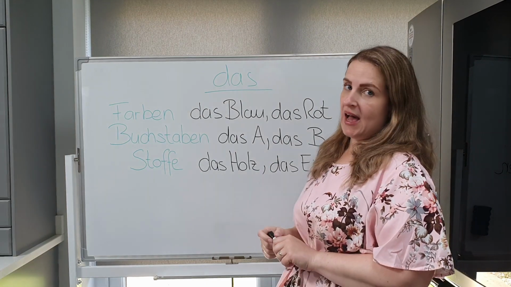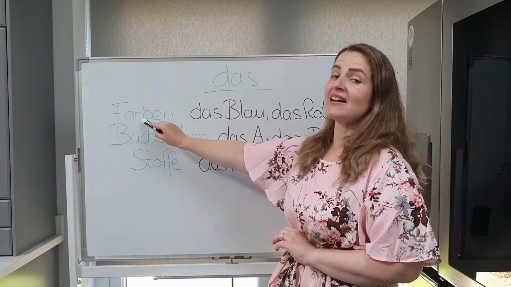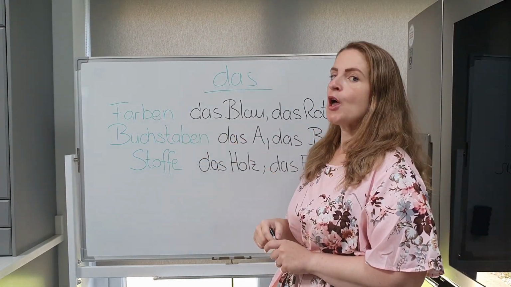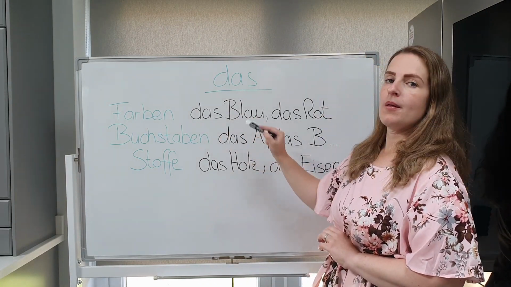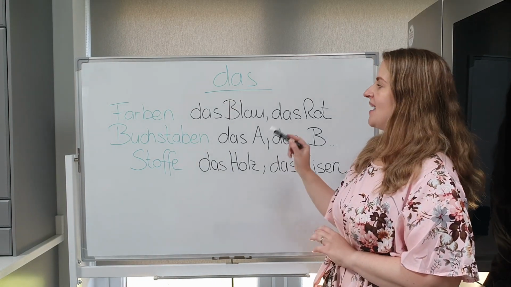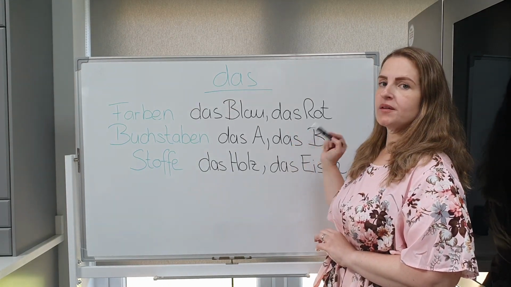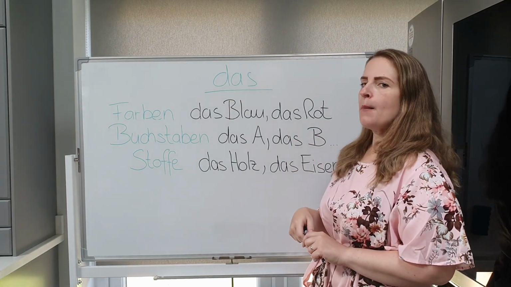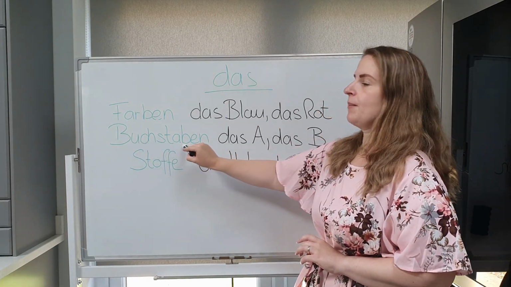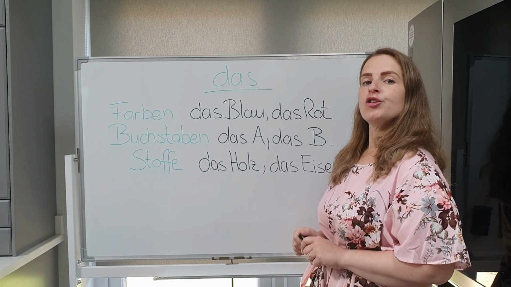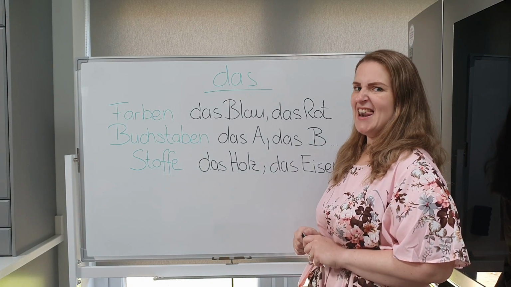So guys, let's have a look at our neuter article, das. We use das for Farben, colors. For example, das Blau, blue. Das Rot, the red. But we also use das for Buchstaben. Buchstaben are letters.